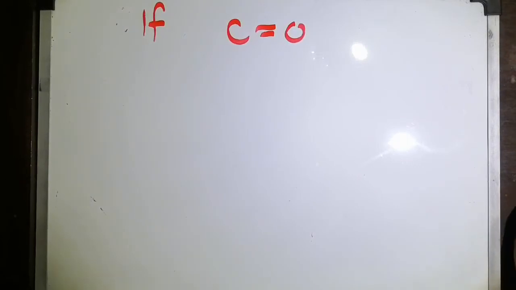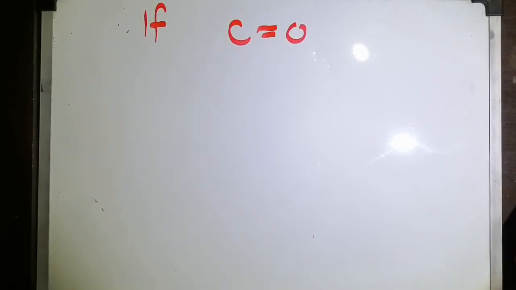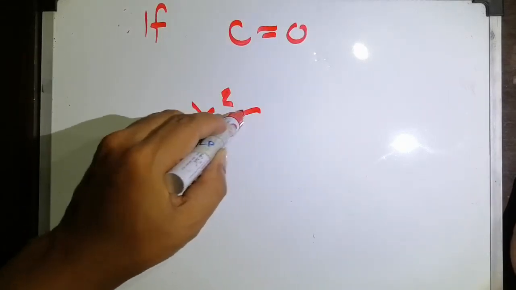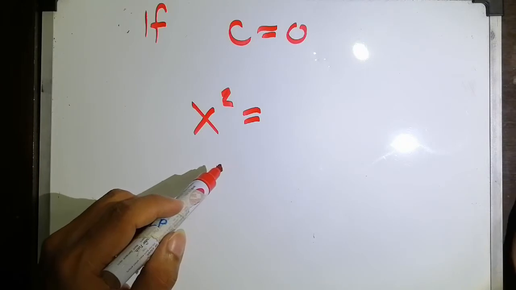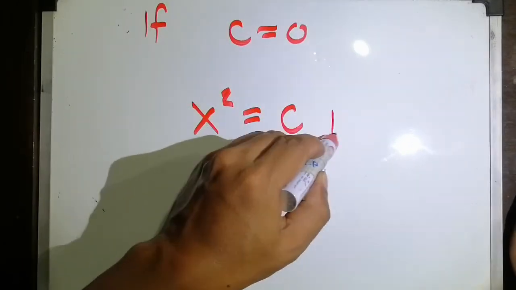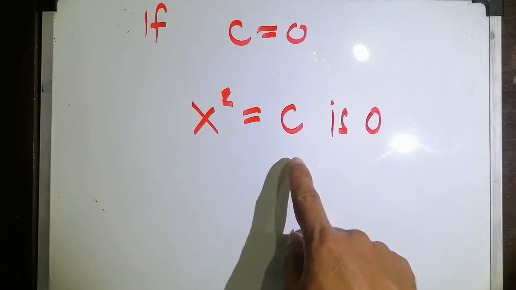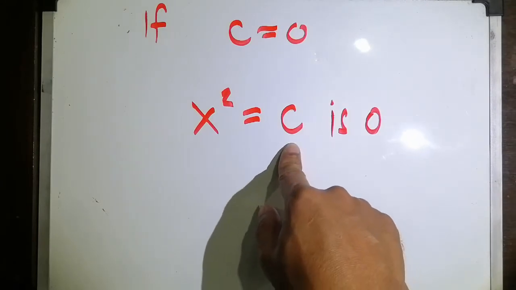Next case, if x is equal to 0, so according to our definition, the only solution to the equation x squared equals c is 0 if c is equal to 0.